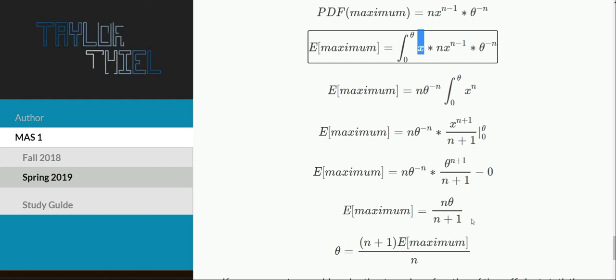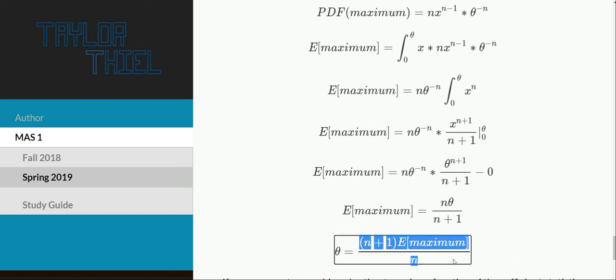But the question is, can we write the true value of our parameter as a function of just our sufficient statistic? And we can, by just inverting this. We multiply both sides by n plus 1 and divide by n. Here we can see that an unbiased estimator would be using that maximum.